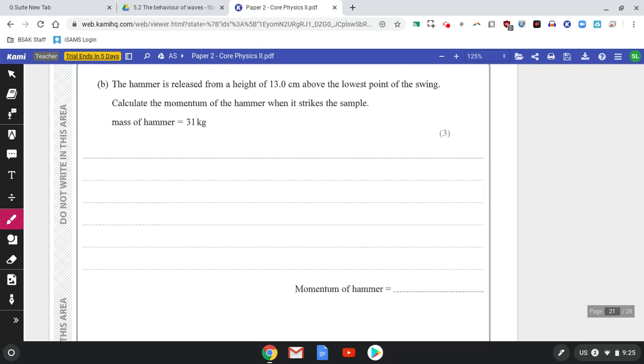Energy. The GPE lost is mgh. Now it's 13 centimeters, so it's 0.13 meters. So the GPE lost is 35.53 joules.